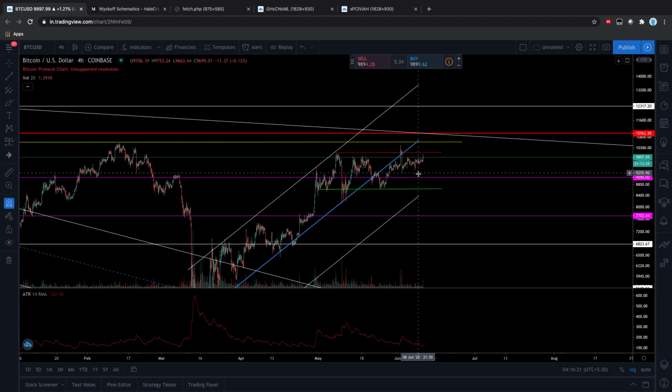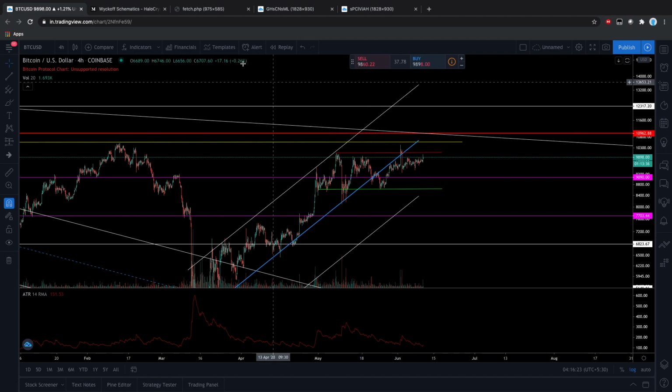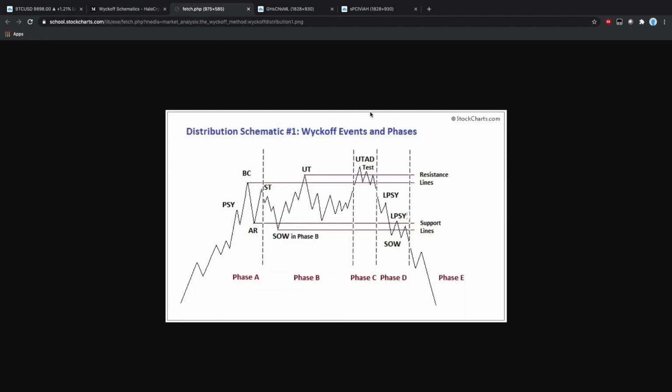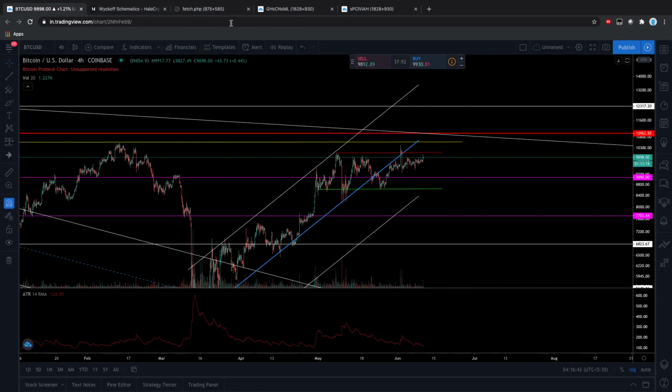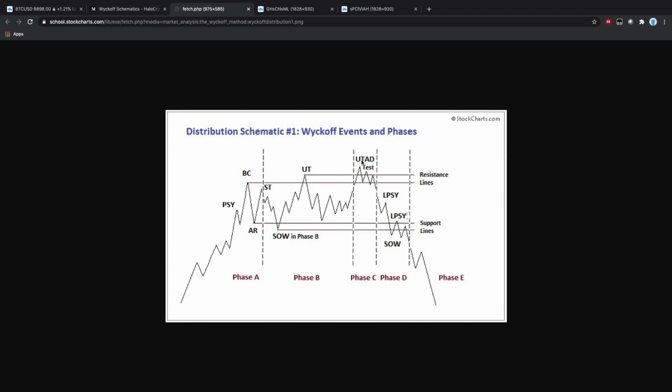The other Wyckoff schematic which can be applied here is the distribution schematic. It is a very famous schematic, and you can see a lot of big profiles using this and publishing this in their analysis. And it can be also applied here. If you can see, we have passed the UT phase, but the retest, or you can say the front run of the lows, has not happened yet.